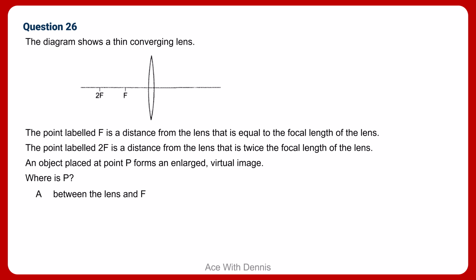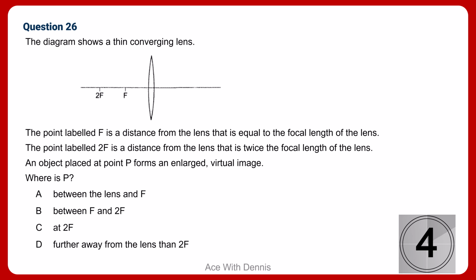Where is P? A. Between the lens and F. B. Between F and 2F. C. At 2F. Or D. Further away from the lens than 2F. The answer is A. Between the lens and F.